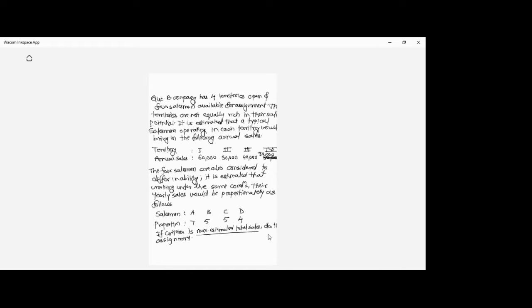So we are going to generate a sales matrix first, and then solve this problem. So let's focus on the generation of the sales matrix. I'm hoping that you have understood the numerical, and let's proceed ahead to solve it.